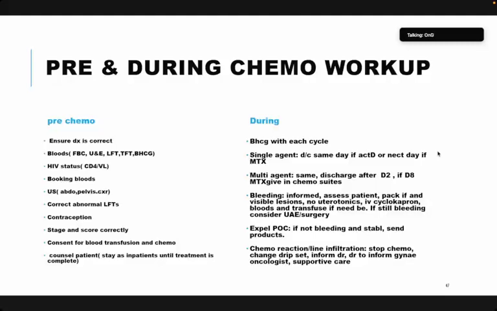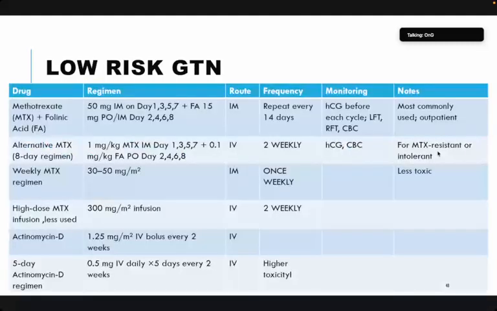And then with regards to low risk GTN, as I mentioned, you can either use methotrexate or actinomycin D. The methotrexate that is commonly used is the 8-day regimen, where you give 50 milligrams on day 1, 3, 5, and 7. You alternate it with leucovorin, which is your calcium folinate.